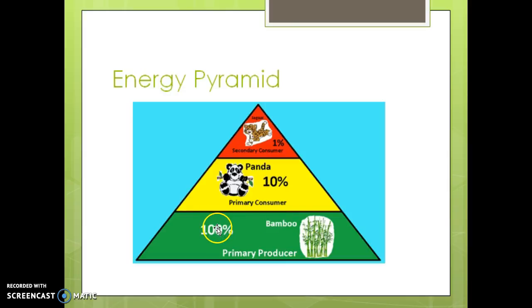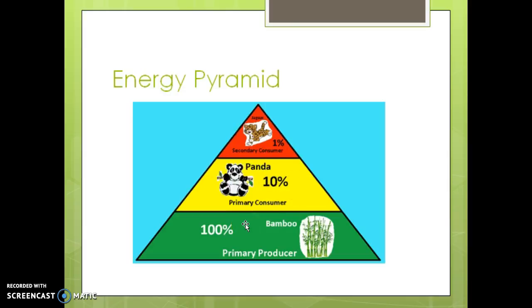All of the energy in this bamboo does not get passed to the panda. The panda could eat all of this bamboo, but in the long run, it's only going to be able to retain 10% of the energy it gained from eating all of that bamboo. And the jaguar, who eats the panda, is only going to get 1% of all the energy the panda has.